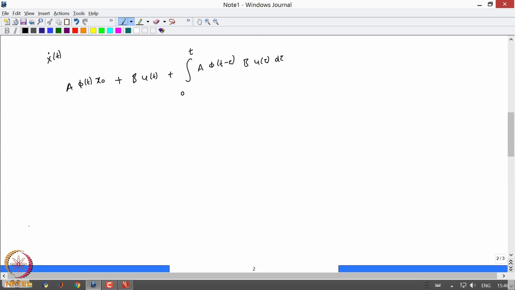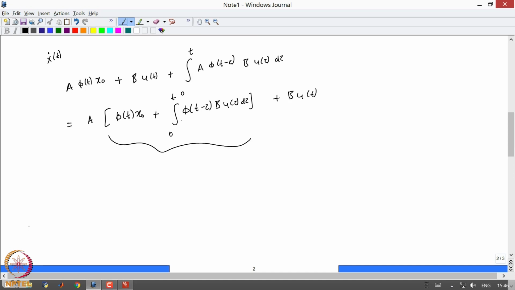Okay, so I can rearrange these terms as A times phi of t x naught plus integral 0 to t phi t minus tau b u tau d tau, plus b times u t.